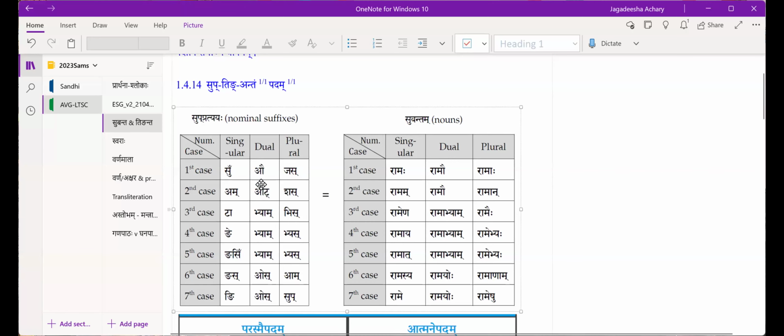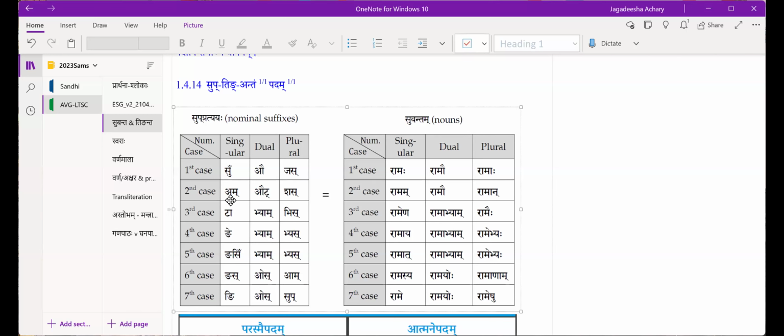When the reaction happens between Sita and Su, because the ending of Sita is not the same as Rama, and Rama is pullinga and Sita is strilinga, the final subanta word for Sita will look a little different.